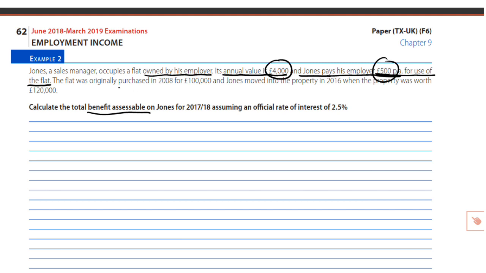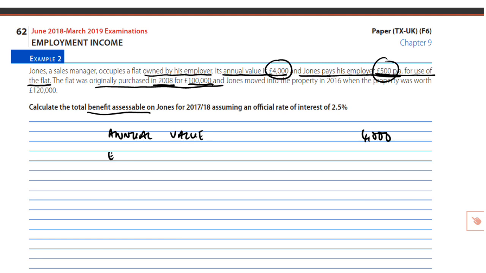Then, the flat was originally purchased in 2008 for £100,000. Now, two things of relevance here. The company actually bought it back in 2008, and they bought it for £100,000. Right, 100,000 exceeds 75,000. So there will be an expensive accommodation benefit. There'll be that extra to add in here. So we already know that we're going to have the annual value of 4,000.